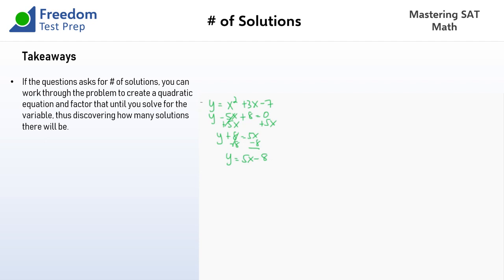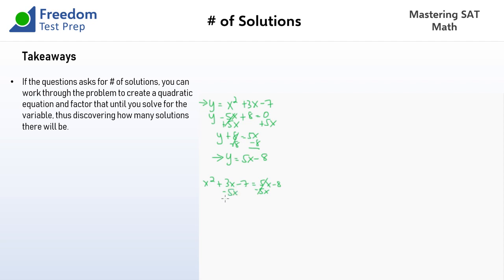We already have up here y equals x squared plus 3x minus 7. So where we have two things equal to the same variable, we can set them equal to each other. So we're going to do that. x squared plus 3x minus 7 equals 5x minus 8. And we're going to continue to create the quadratic equation.